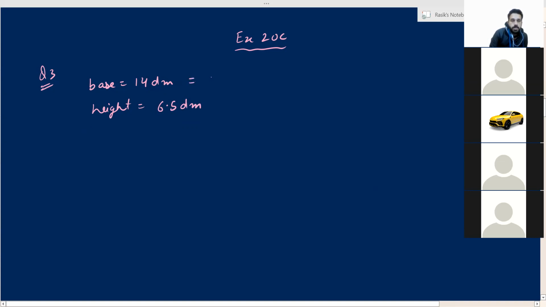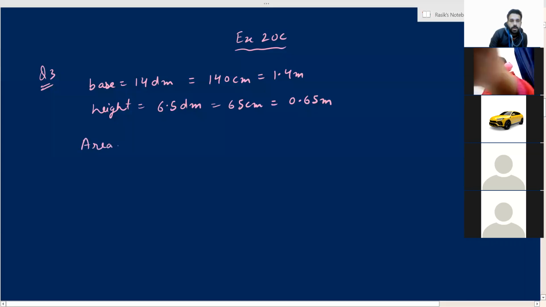So first change the base into centimeters: 140 centimeters, or 1.4 meters. The height is 65 centimeters, or 0.65 meters. Now you can find the area in centimeter square.